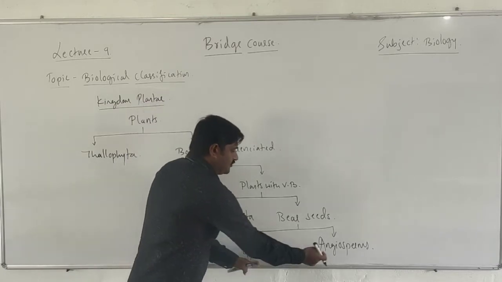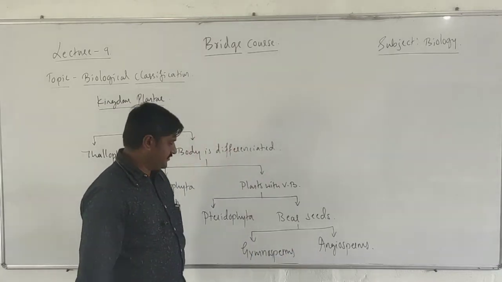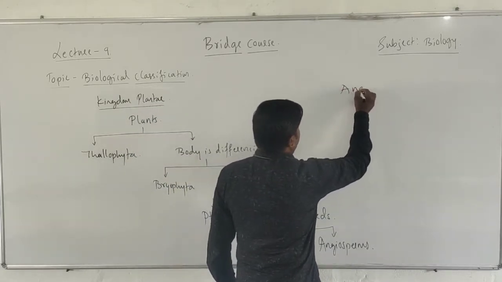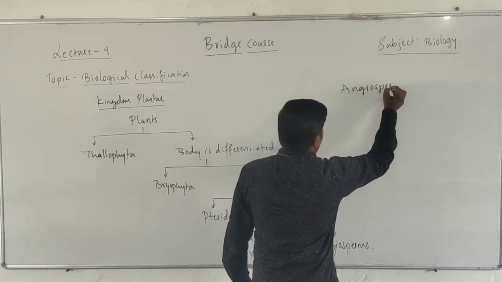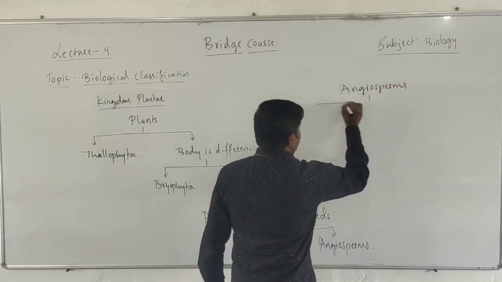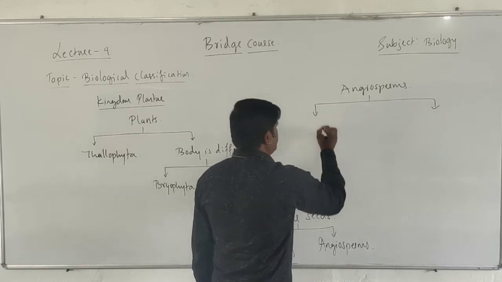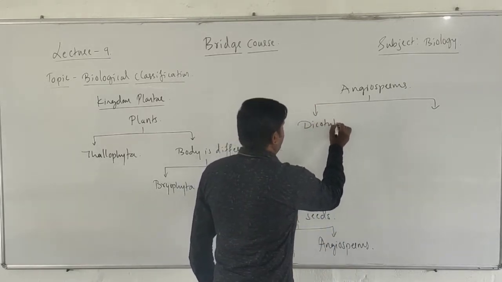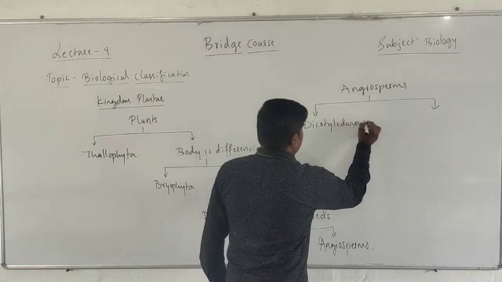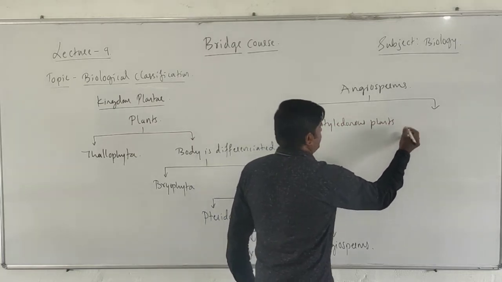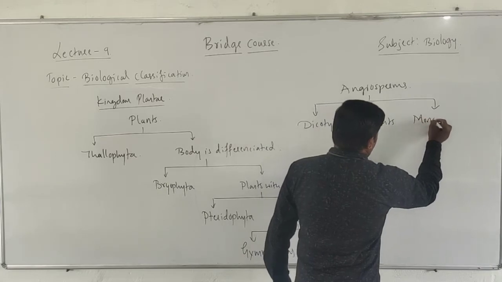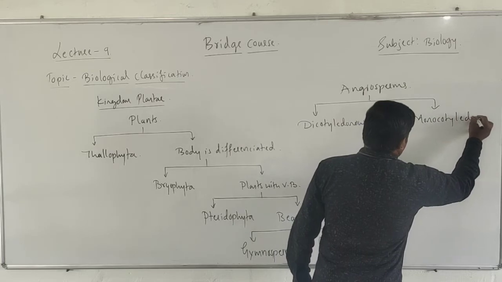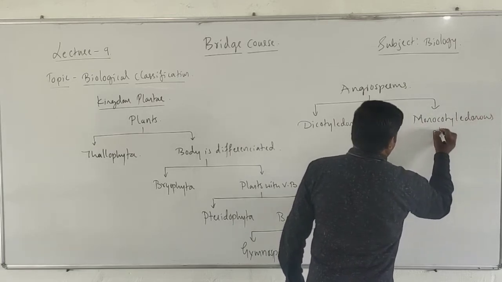Both of these groups of plants are bearing seeds. And angiosperms, once again they have been categorized into two groups. One is called dicotyledonous plants, and the second one is monocotyledonous plants.